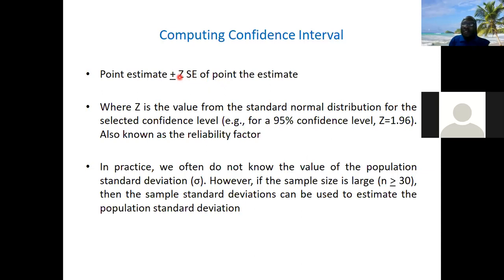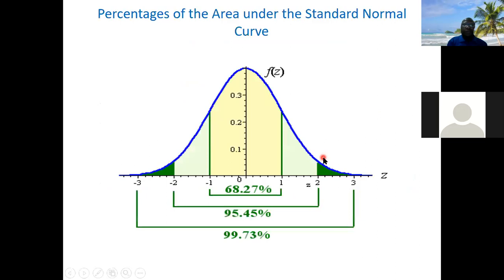To estimate the confidence interval, the standard error comes in, and we already established that standard error is the standard deviation divided by the square root of the sample size.